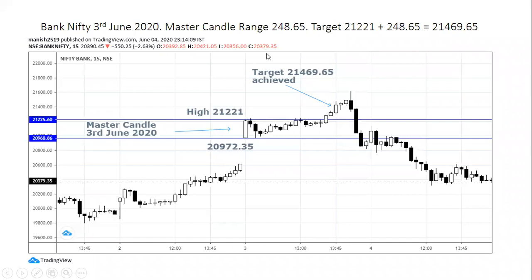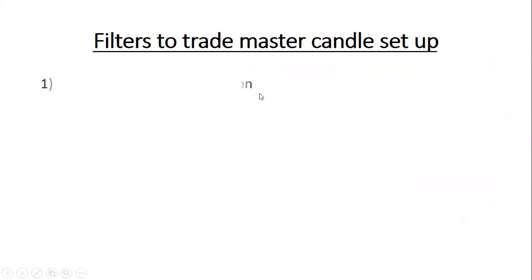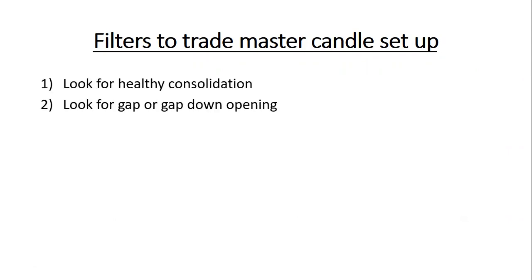So guys, as a trader, you don't have to trade each and every master candle coming your way. You need to filter out which master candle you will trade, which master candle you will avoid. So 2 points will help you. Point number 1, you can look for healthy consolidation. Point number 2, you can look for gap up, gap down opening.